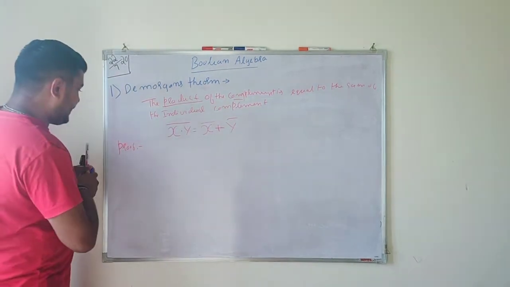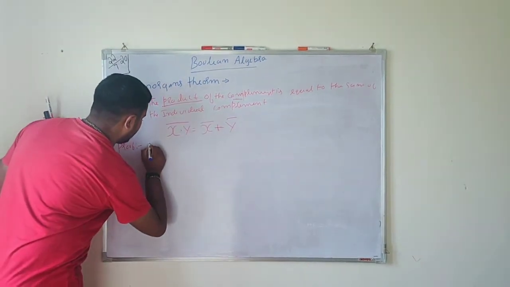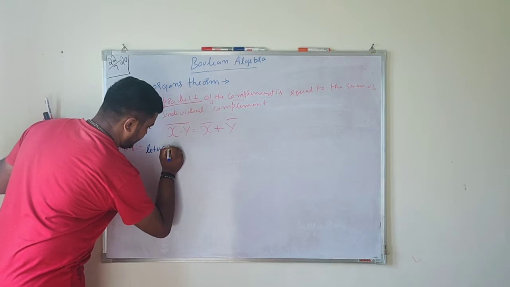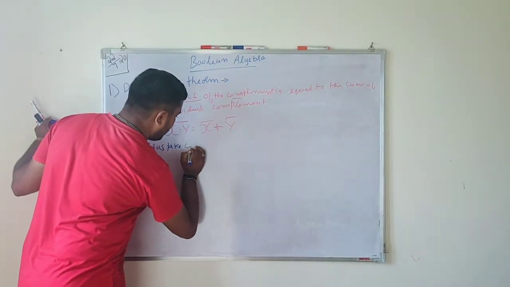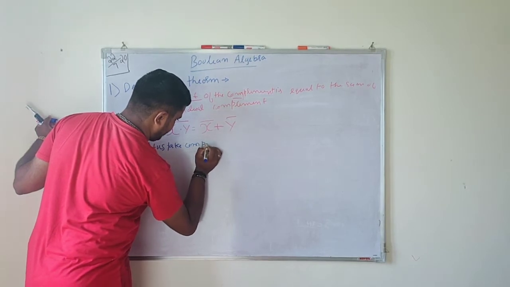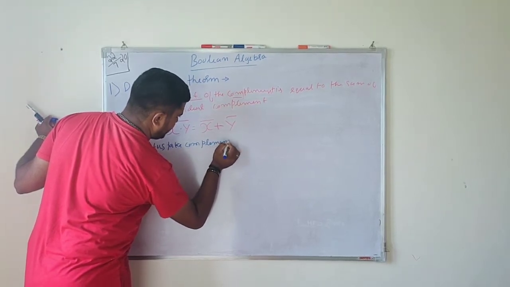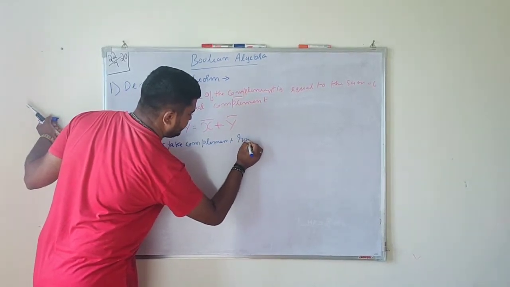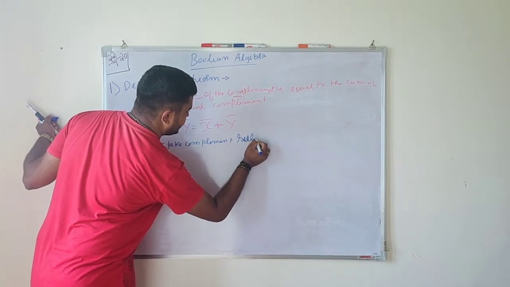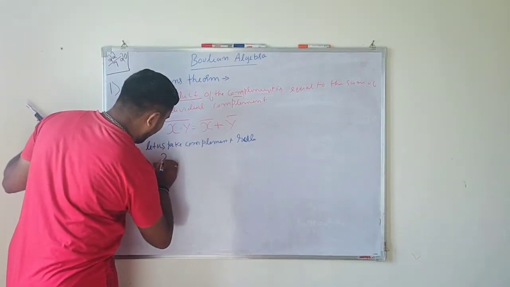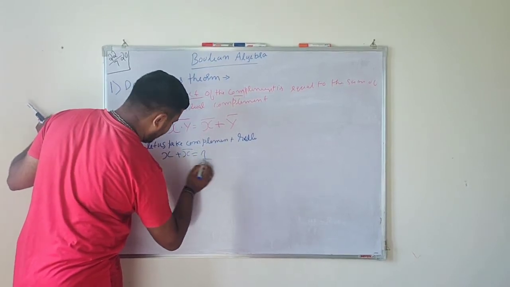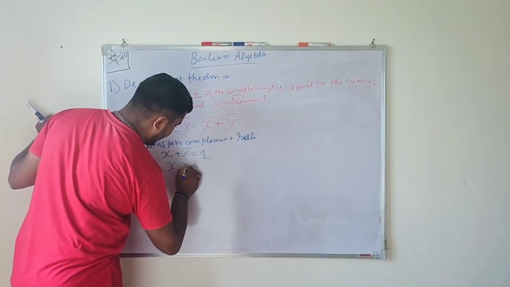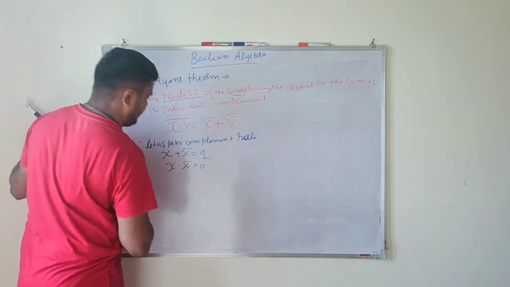Let us take the complement rule, which states that x plus x bar is equal to 1, and x into x bar is equal to 0.